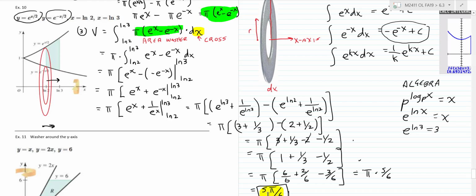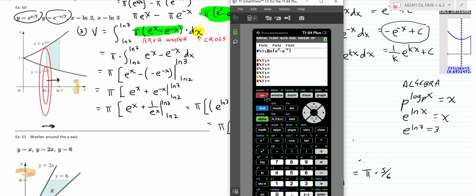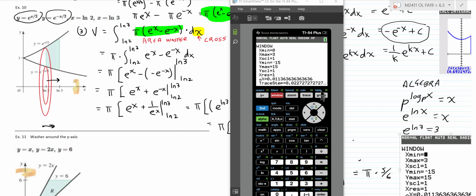Now I'm going to show you how to quickly check this on the calculator. I think I've already got this one put in, so you can just watch, or you can do this with me if you want to. Okay, so I put in pi times e to the x minus e to the negative x. For the window, I did it like this, I think. Pretty good viewing window.